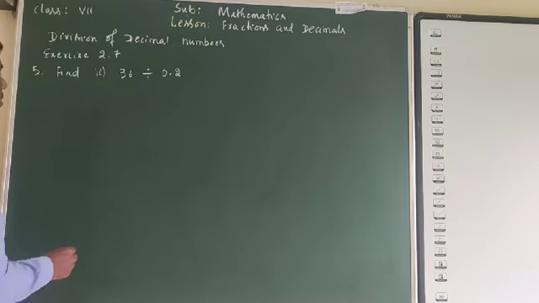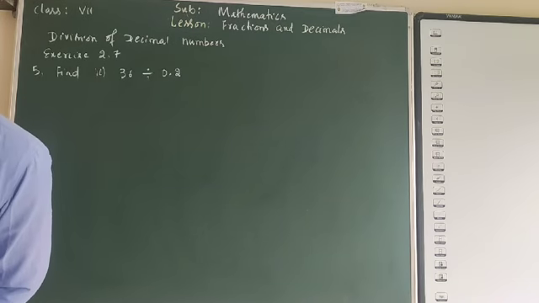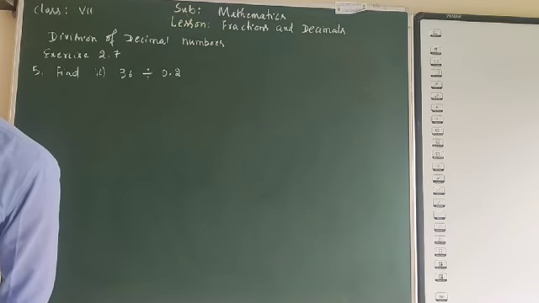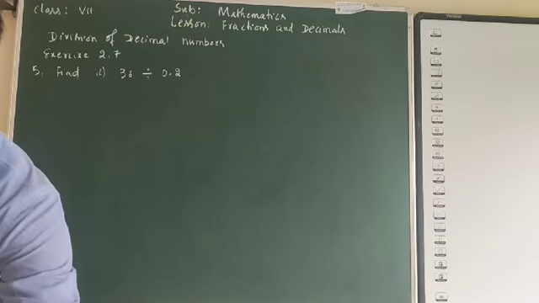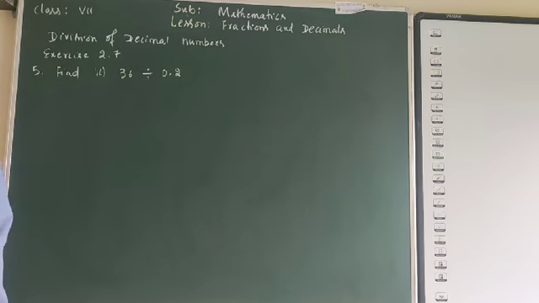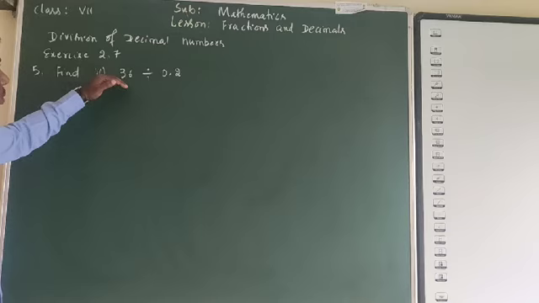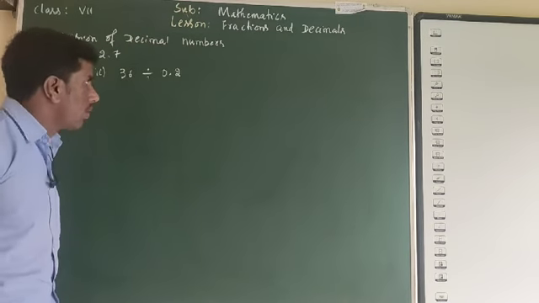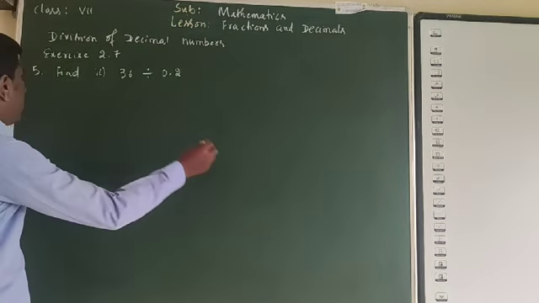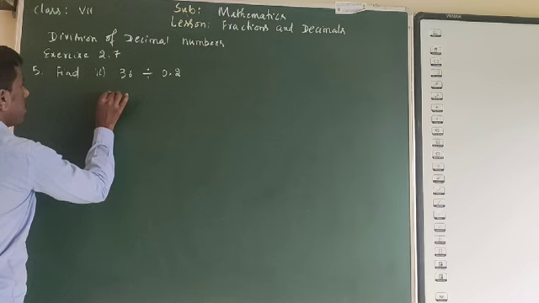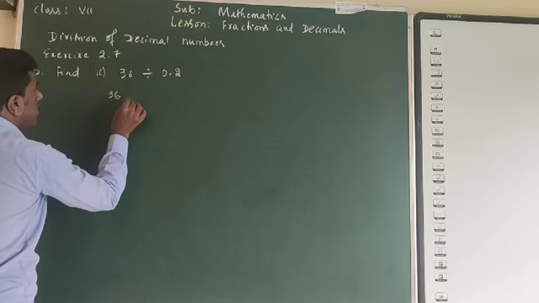This is division of a whole number by a decimal number. So we write the first number as it is, 36.